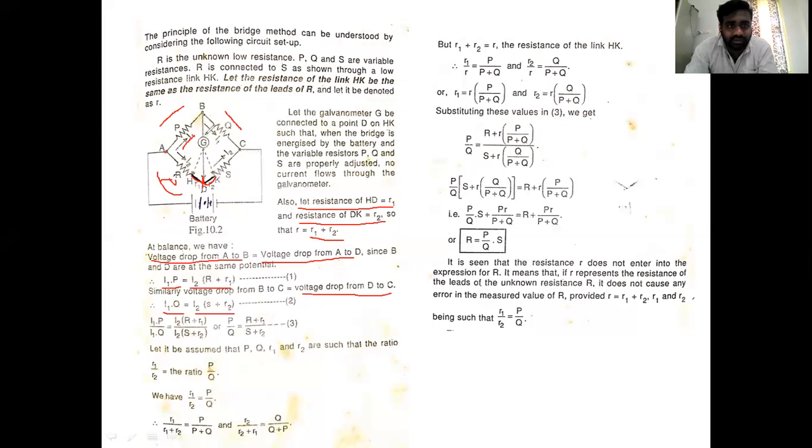So we have calculated the voltage drop across A to B is equal to the voltage drop across A to D, in the first equation, and the voltage drop across B to C, that is I1 into Q. I1 is the current flowing in the segment B to C, so V is equal to IR, I1 into Q. And the voltage drop across C to D or D to C, S plus R2, is nothing but the resistance.